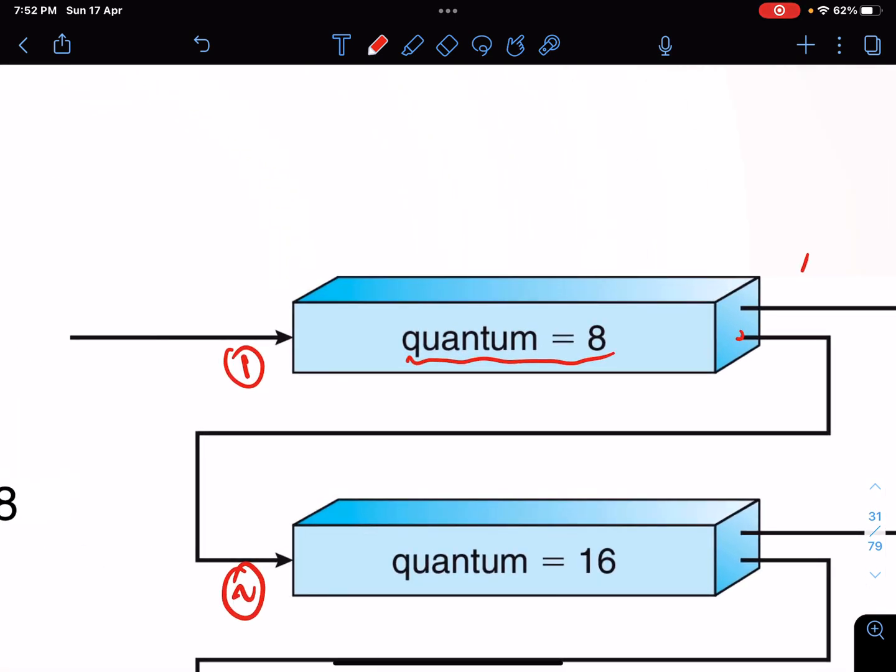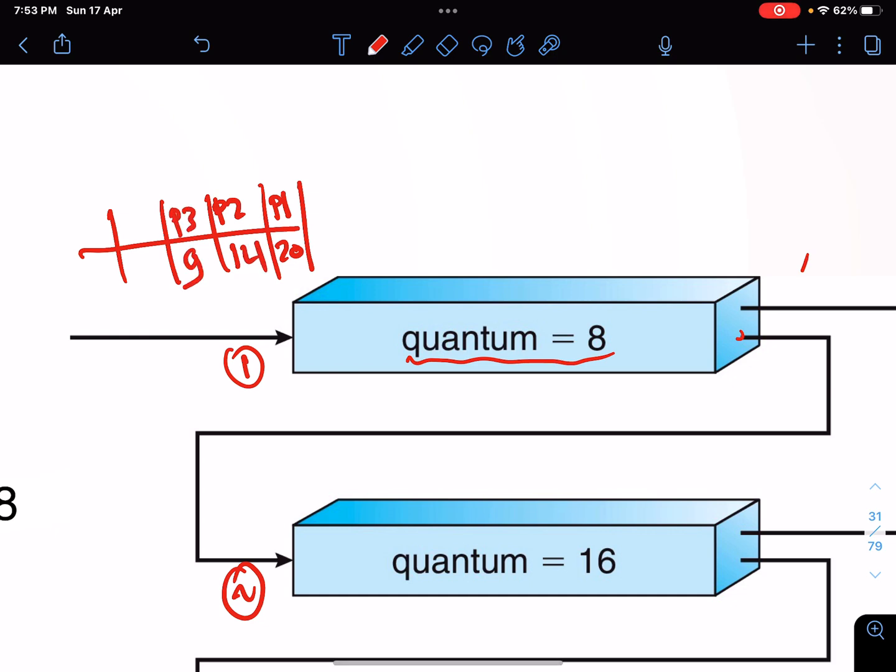So let's say you have process 1 with a length of 20, process 2 with a length of 14, process 3 with a length of 9, process 4 with a length of 5, and process 5 with a length of 1, as an example.